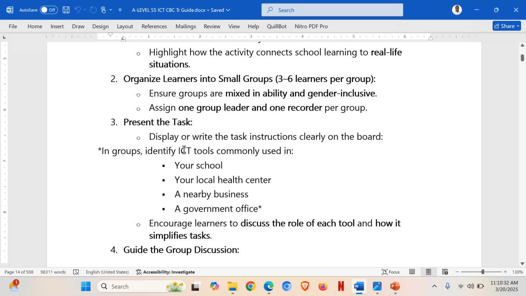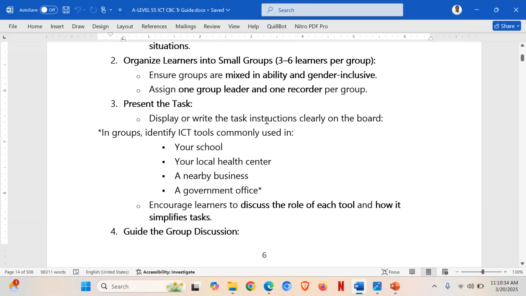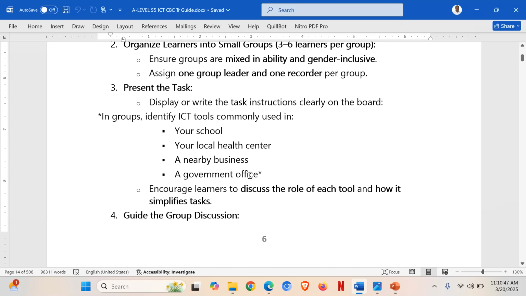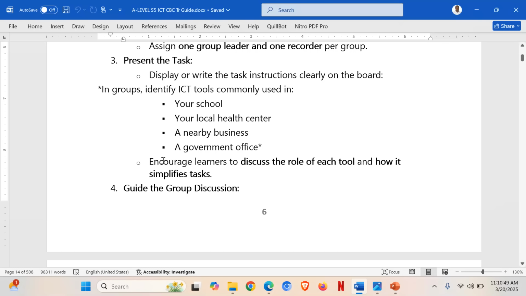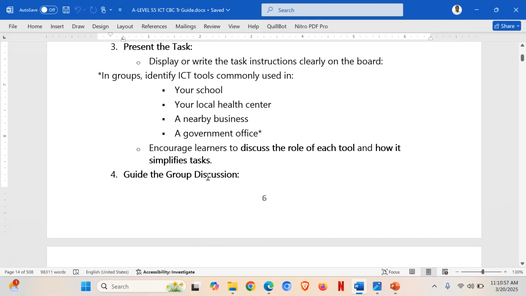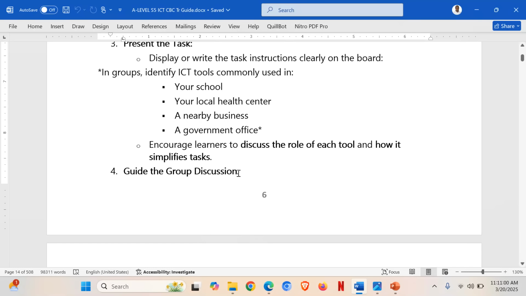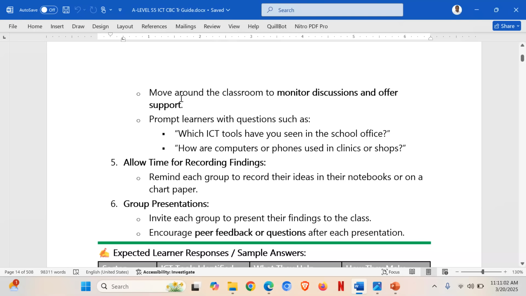3. Present the task. Display or write the task instructions clearly on the board. In groups, identify the ICT tools commonly used in your school, local health center, nearby business, or a government office. Encourage learners to discuss the role of each tool and how it simplifies work. You, the teacher, you need to guide the group discussion. As a teacher, move around the classroom to monitor discussions and offer support.